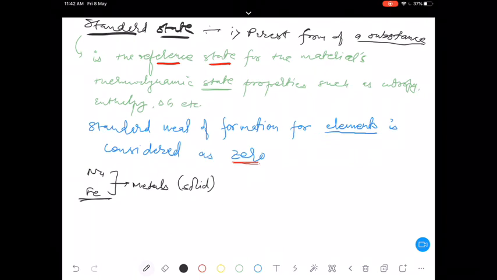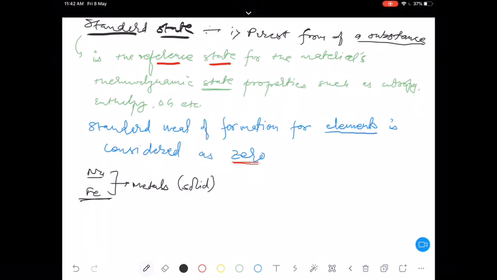Their elemental state is written in this form: sodium, iron. Solid state will be the standard state for these elements at 298 Kelvin and 1 bar pressure, except for that of mercury.